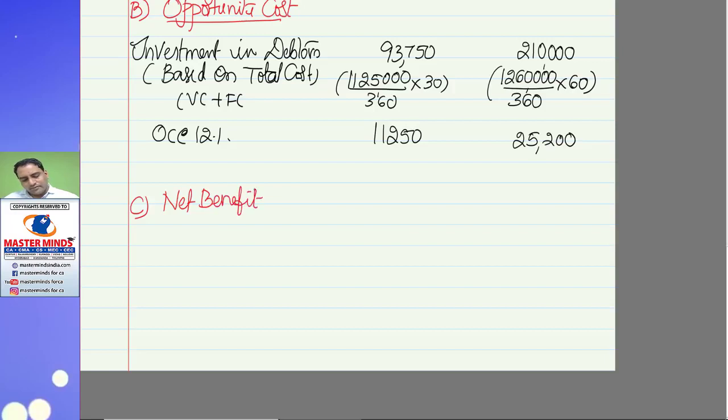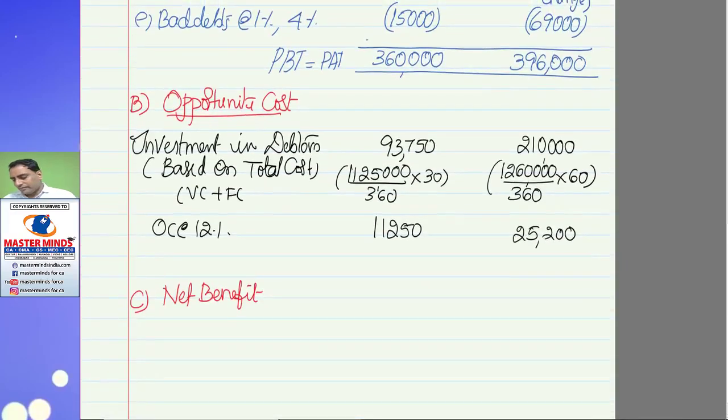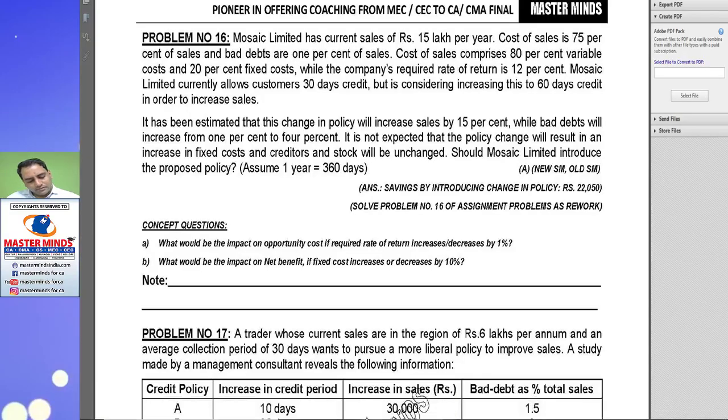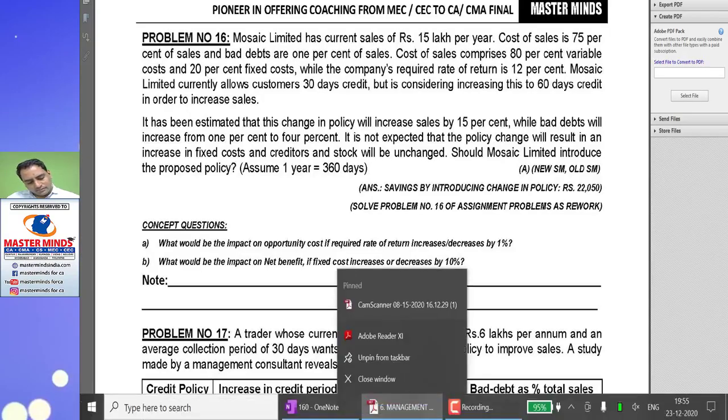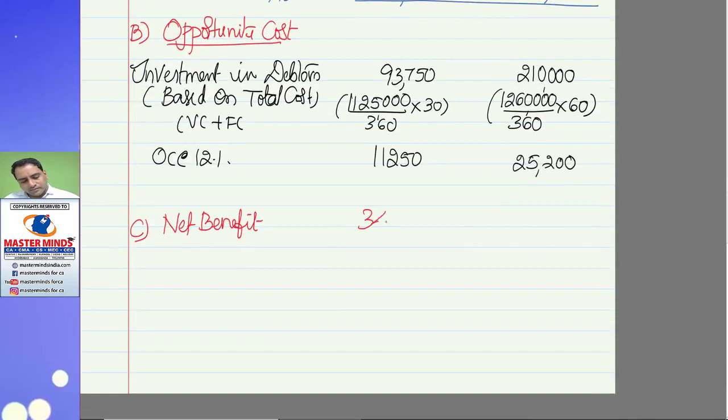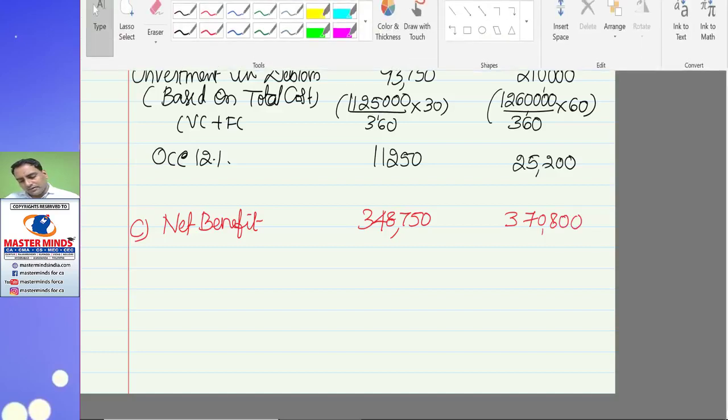Net benefit: 3,96,000 minus 25,200 is 3,70,800, against 3,48,750. So whichever is higher?